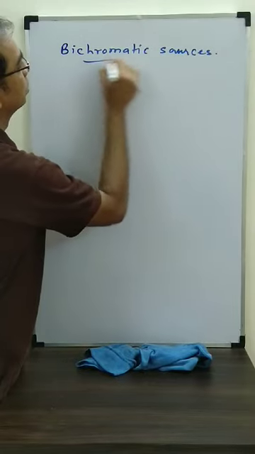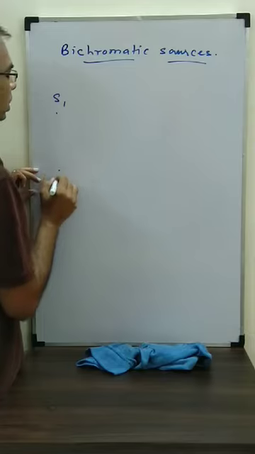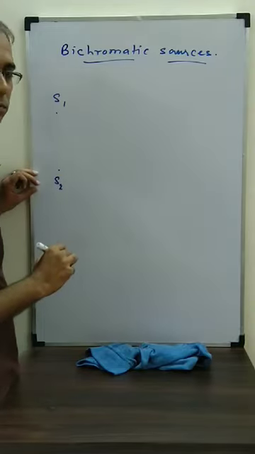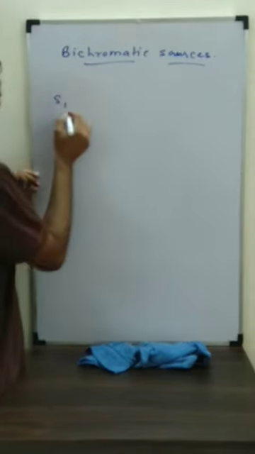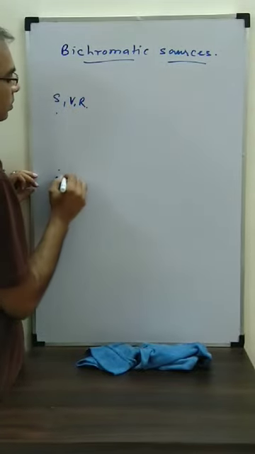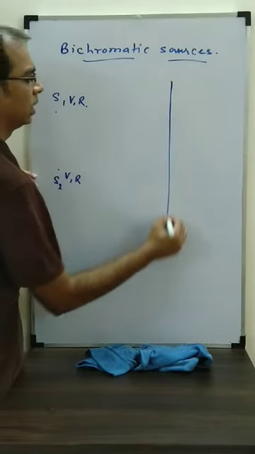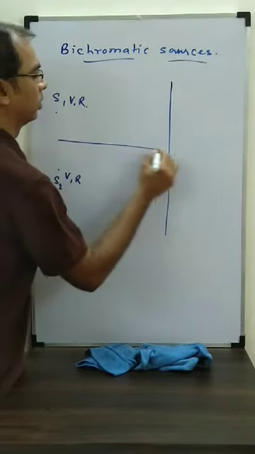So suppose we have two sources S1 and S2 and both are bichromatic. Let's say both are emitting violet and red at the same time, simultaneously, and we are seeing on the screen the interference happening.